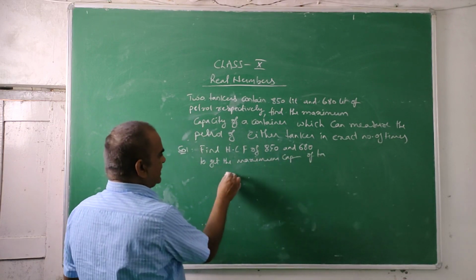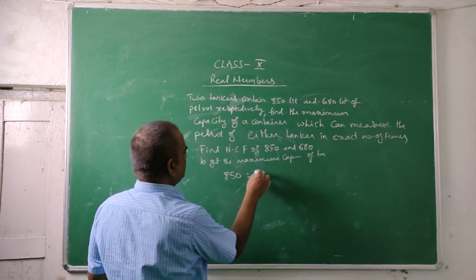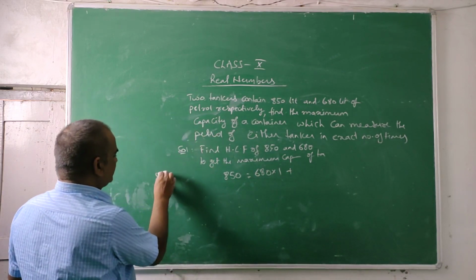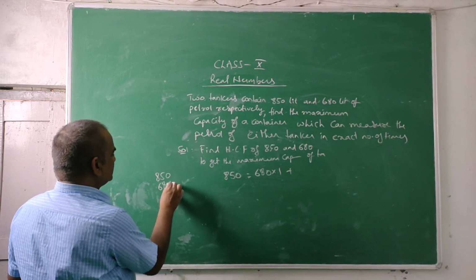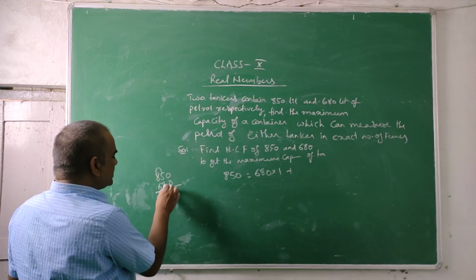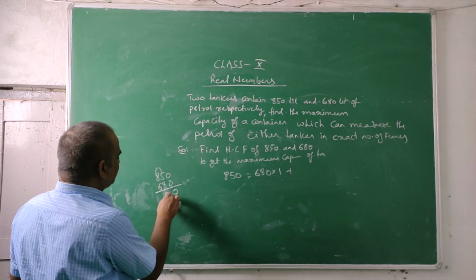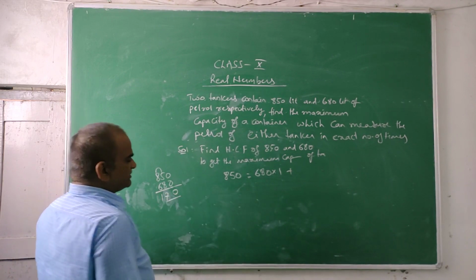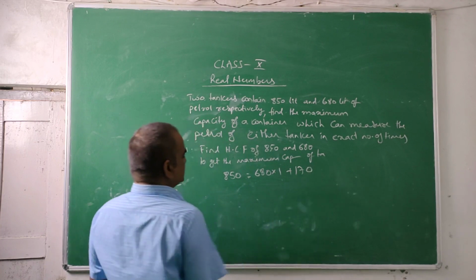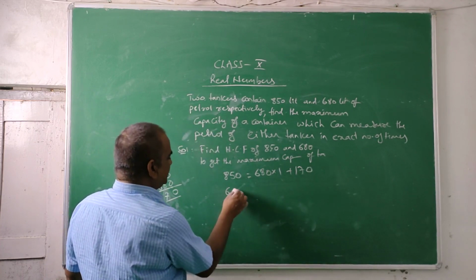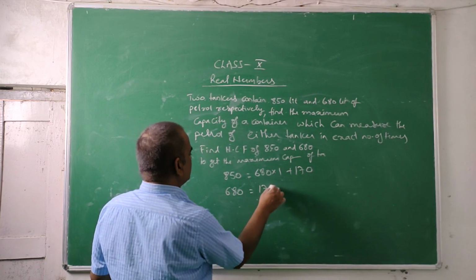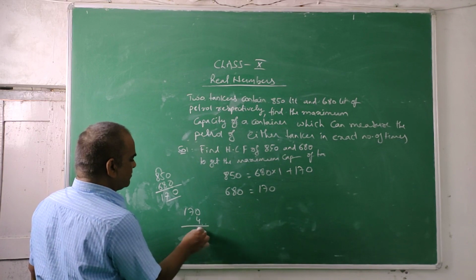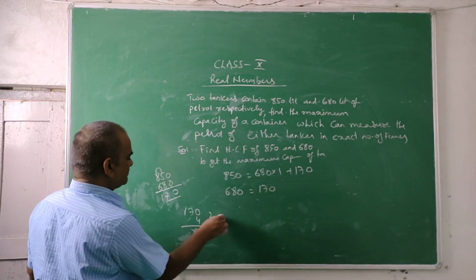Now 850 is equal to 680 into 1 plus, so from 850 subtract 680. 0, 15 minus 8, it is 7, right? Now 7 minus 6, it is 1. So it is 170. Now 680 is equal to 170 into, let us see, 4. 4 7s are 28. 6.